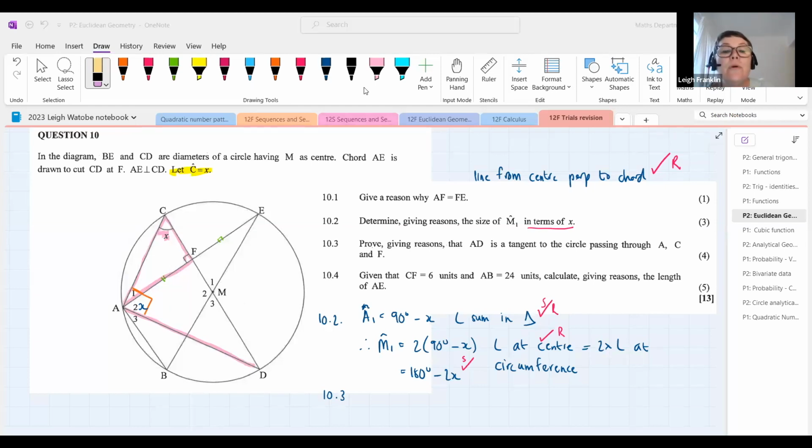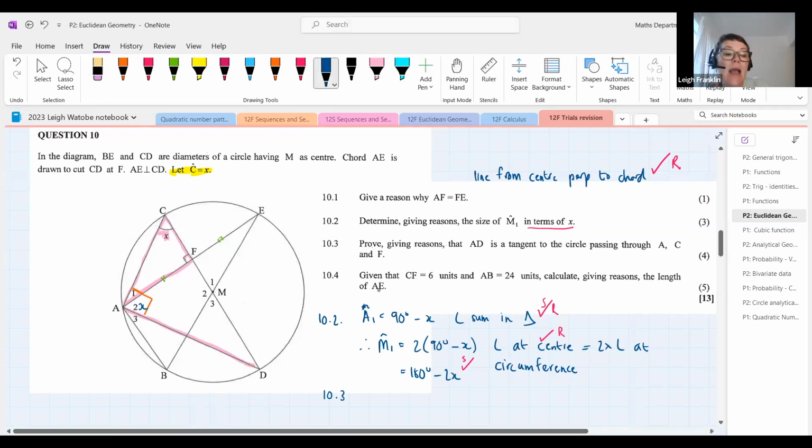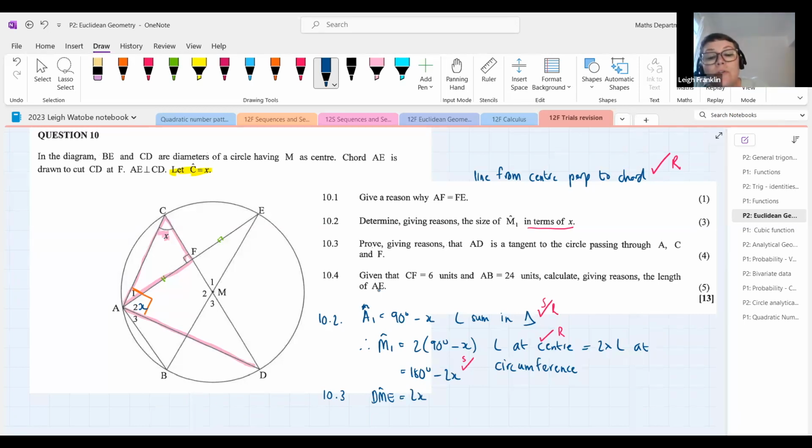M1. Yeah, it does. Let's go with that. Okay. So let's put it down on paper. Angle DME will be equal to 2x because of adjacent angles on a straight line.